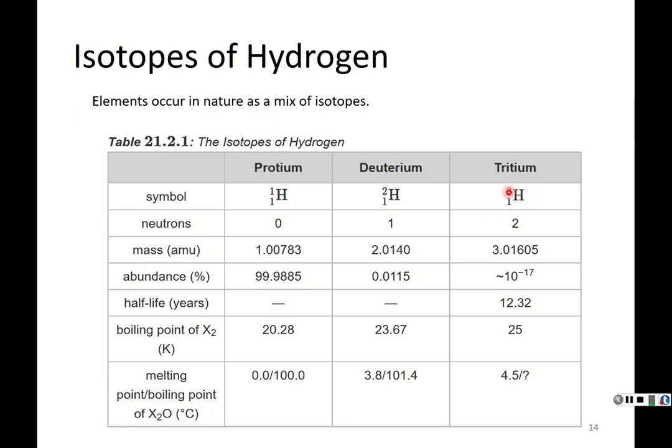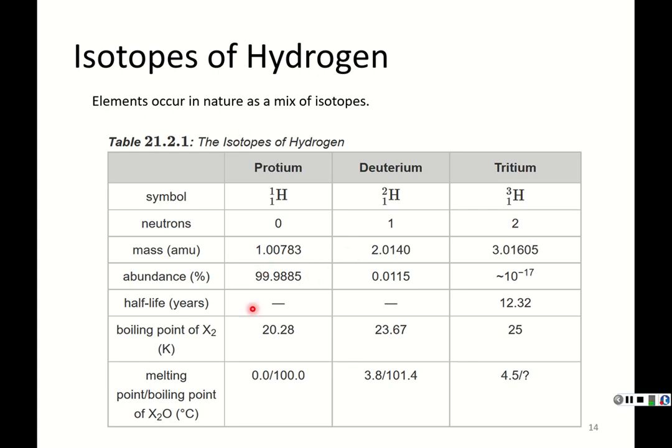Hydrogen with a mass number of 3, so 2 neutrons and 1 proton, is called tritium. Their mass units are shown. Basically they're 1, 2, and 3, although with more significant figures you'd have some decimal places.